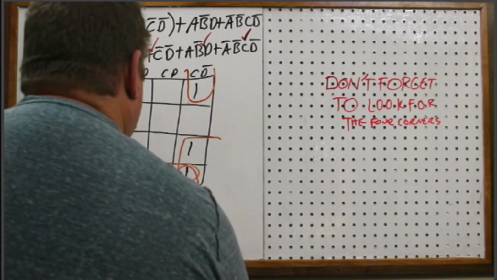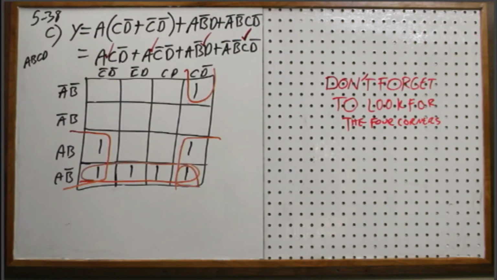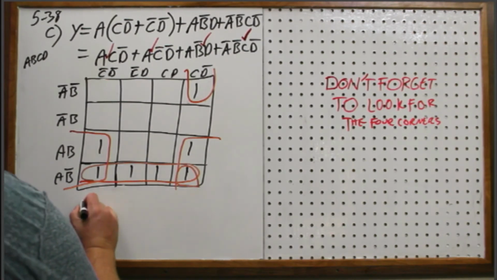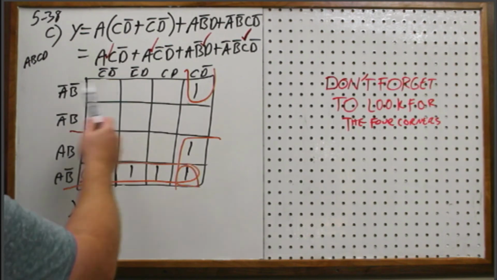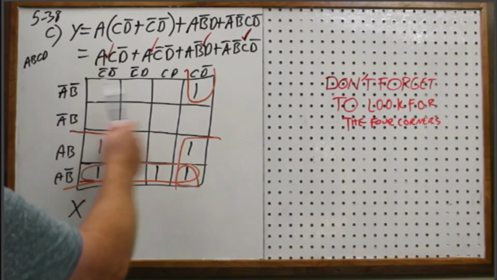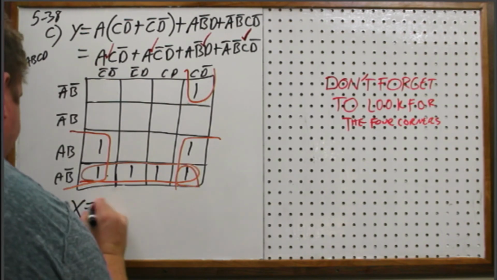It's time to go ahead and rewrite the equation. All right, so the first one was this down here, and as you can see, in this grouping, C and D don't matter. What matters is A high, B low. So that's the first term.